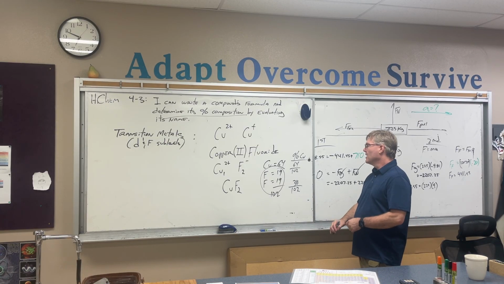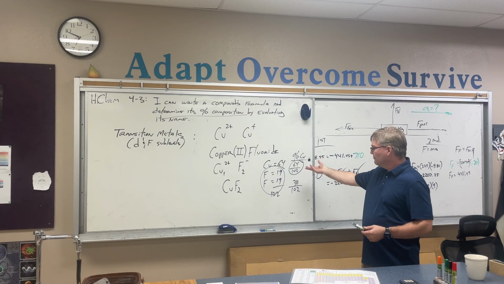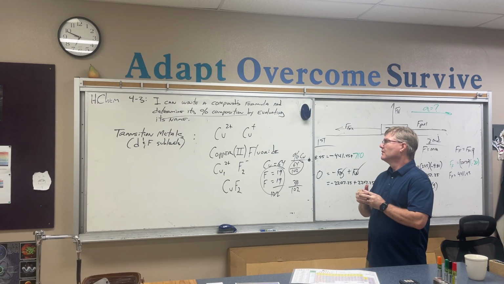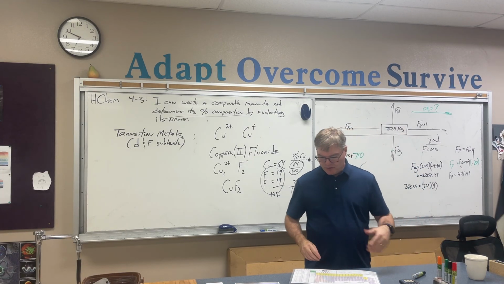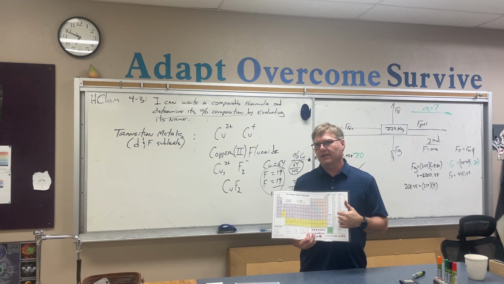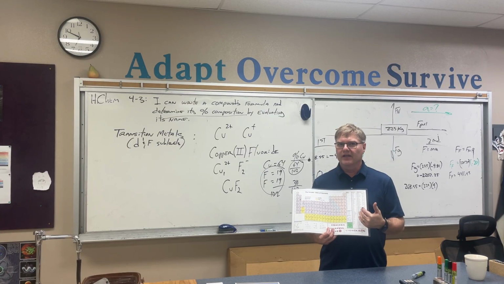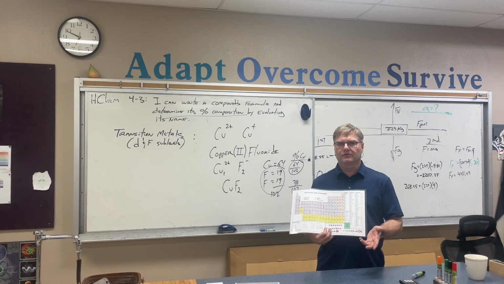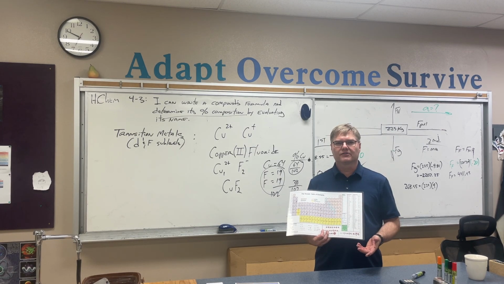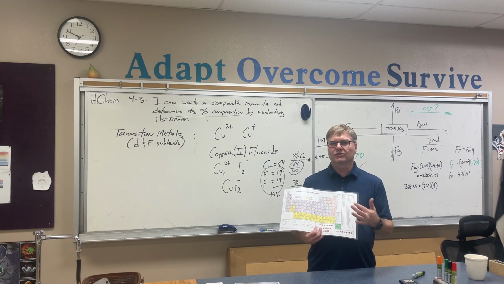I guess technically I could just do this one, and then the difference would have to be the other element, so it's even simpler than that. Now you'll understand when you're going down that positive list why a lot of these ions have parentheses and Roman numerals. It's because they're all these inner transition and transition metals that can take multiple charges, because electrons in those D and F sublevels occasionally wiggle themselves to the top and change things.